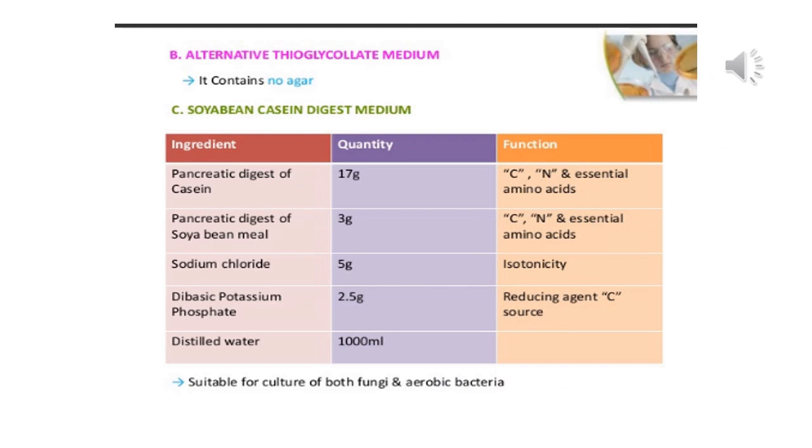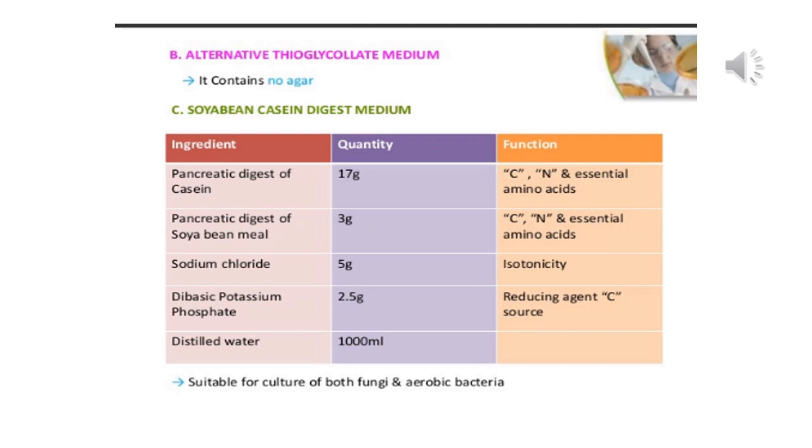The second medium, according to IP, BP and USP, is your alternate thioglycolate medium. The difference between the fluid thioglycolate and alternate thioglycolate is that this one contains no agar. Still it will be used for aerobic and anaerobic bacteria.